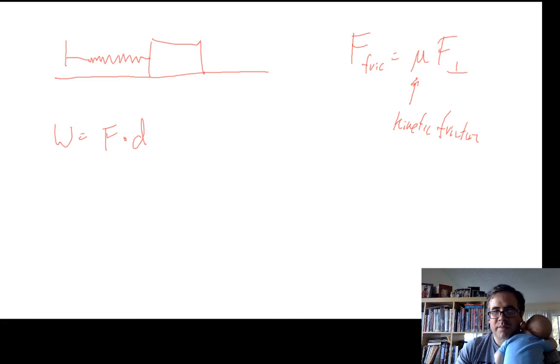So all the things that might be related: work is force times displacement, and of course, if we have a spring, we want spring potential energy, one half k x squared.